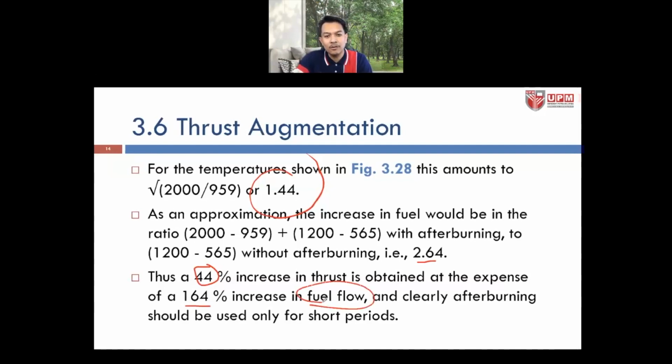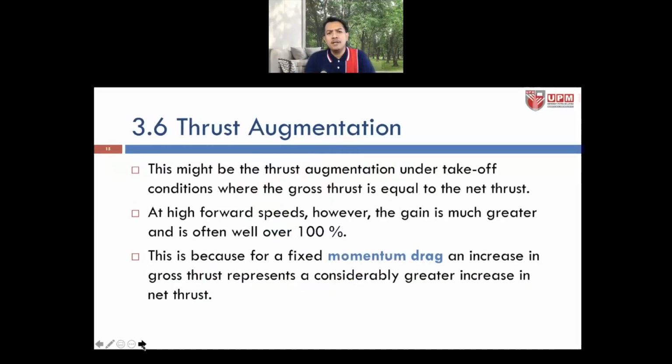Right? You have a 44% increase in thrust, but bear in mind that you spend more fuel. And clearly, afterburning should be used only for short periods. This might be the thrust augmentation under takeoff conditions, where the gross thrust is equal to the net thrust.